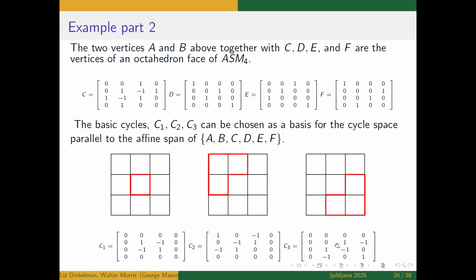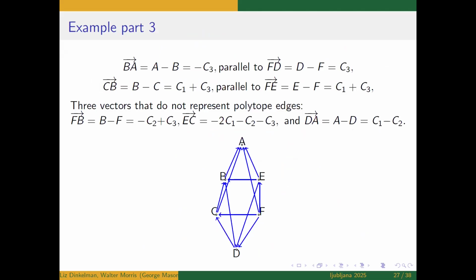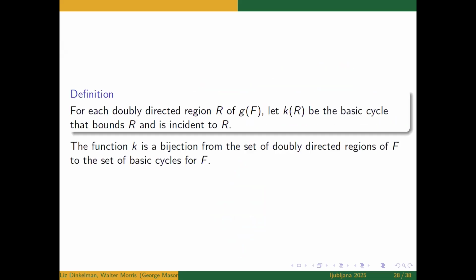And here are their corresponding cycle matrices. Now, we can represent the edges of a polytope by a linear combination of basic cycle matrices. But note that not all linear combinations of basic cycles represent the edges of a polytope.